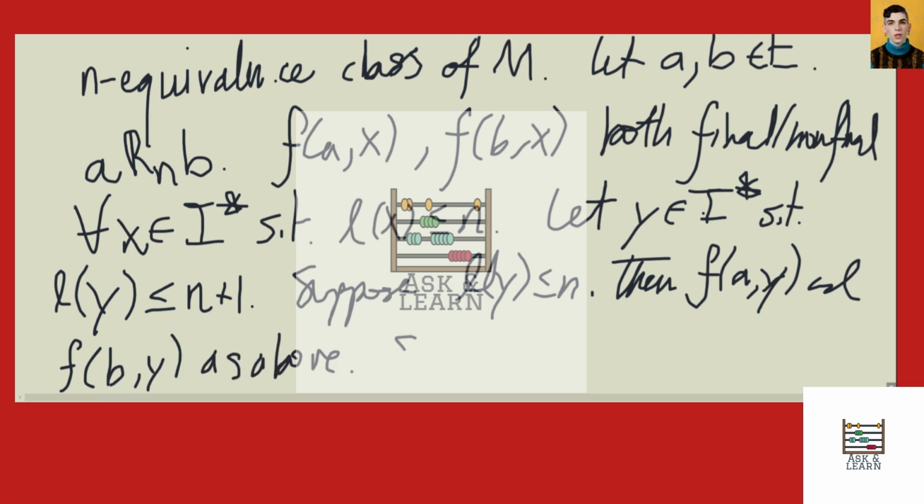So let's suppose instead the length of y is equal to n plus 1. Now, since the length of y is greater than the number of states, by the pigeonhole principle, there is a state that is visited at least twice when the input is y.